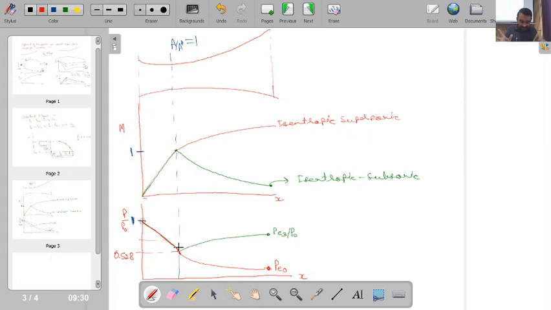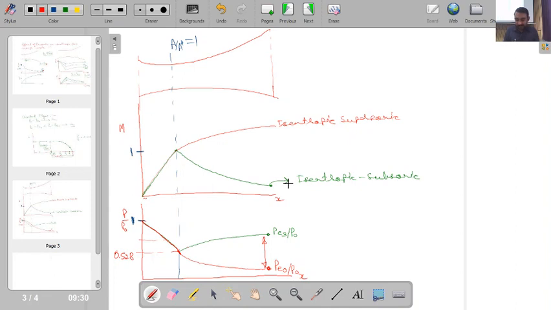So now the interesting thing comes in this zone. If you maintain pressure PE3, then you are able to find this thing. If you maintain pressure PE0, then you are able to see this thing. The same is reflected in Mach number and this.